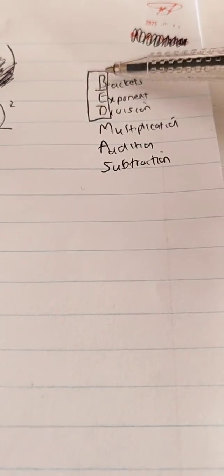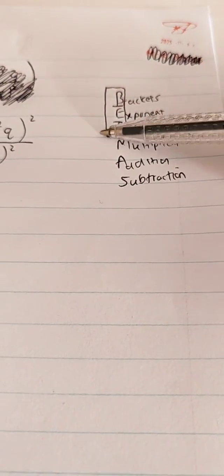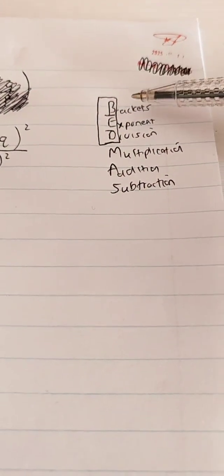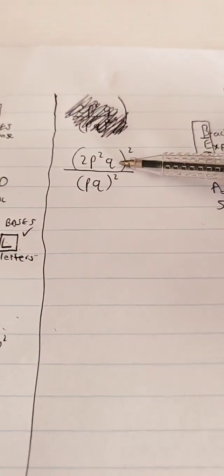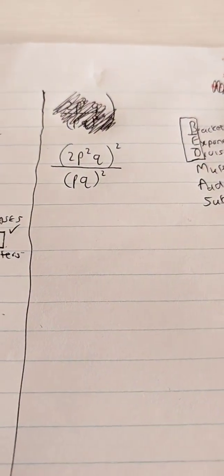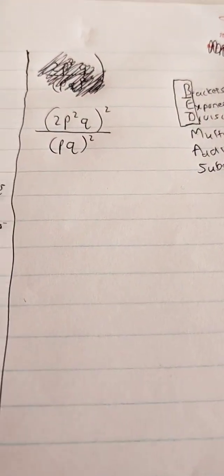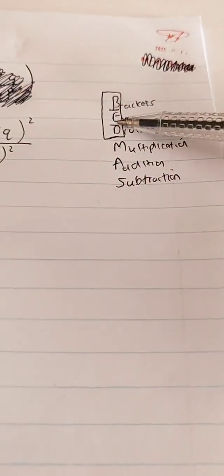So BEDMAS: brackets, exponents, division. This is what I'm talking about here. Guys, you can't go anywhere without BEDMAS whenever you're dealing with simplification in mathematics, whether that be simplifying an expression, an equation, or whatever. BEDMAS is important.